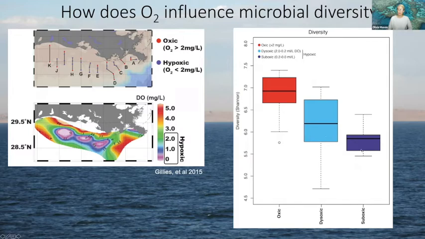And that continues to be the trend when you've gotten down to the suboxic level with very, very low oxygen concentrations to no detectable oxygen. So this means that oxygen is absolutely impacting the microbial diversity in that water column.